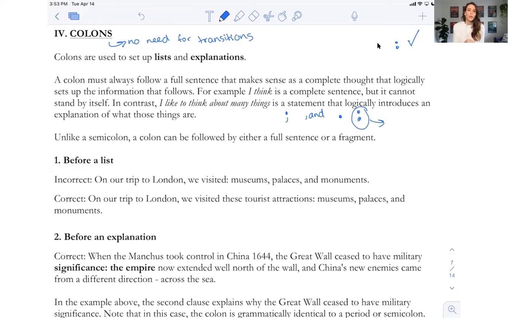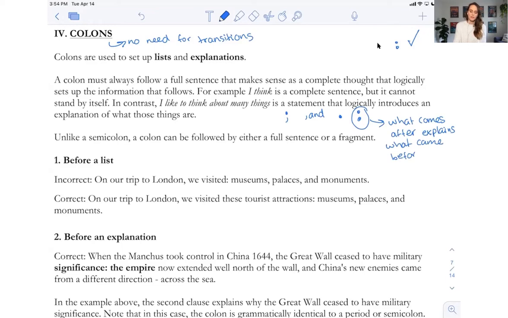And the colon is pretty much equivalent to a comma and a semicolon and a period if the second part of the information, if what comes after explains what came before.